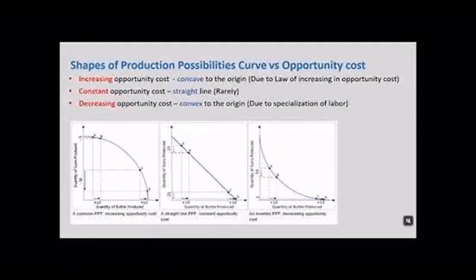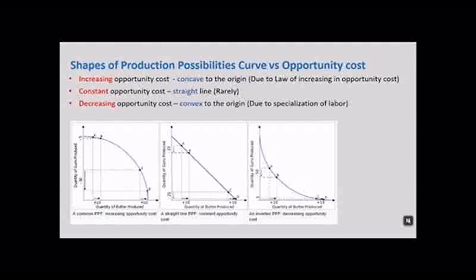Now next is shapes of production possibility curve versus opportunity cost. Students, you already have read that usually the shape of PPC is concave to the origin. This is the main property of PPC. It happens due to increasing marginal rate of transformation, or we can say it happens because all the resources are not equally efficient in the production of all the products.